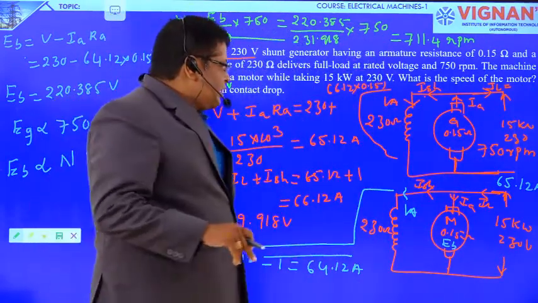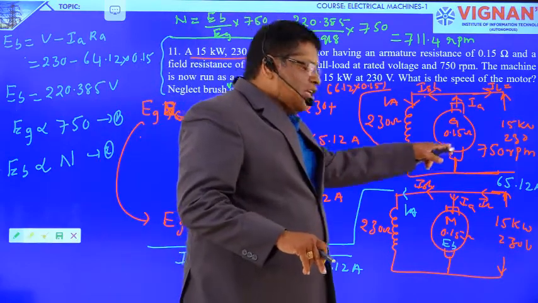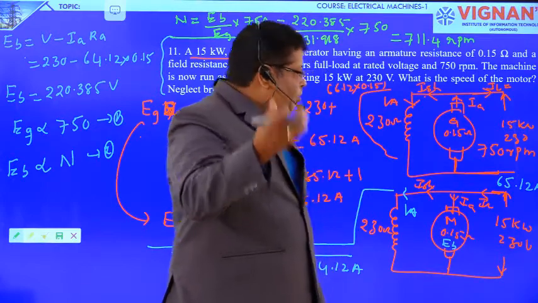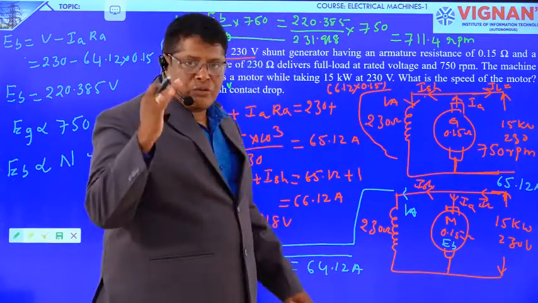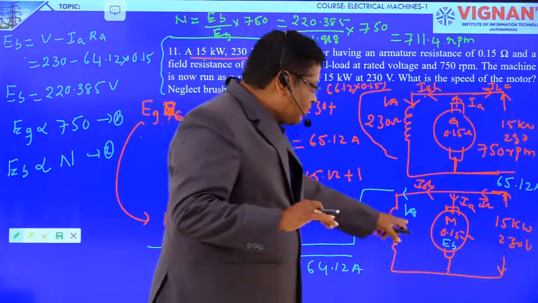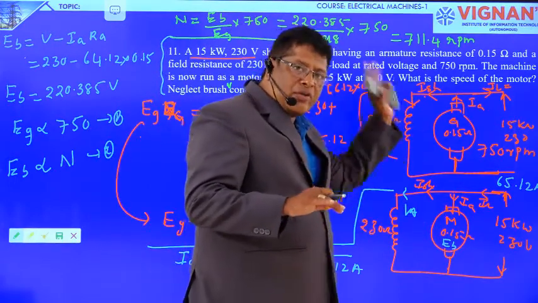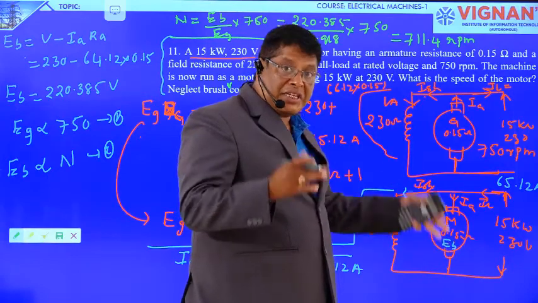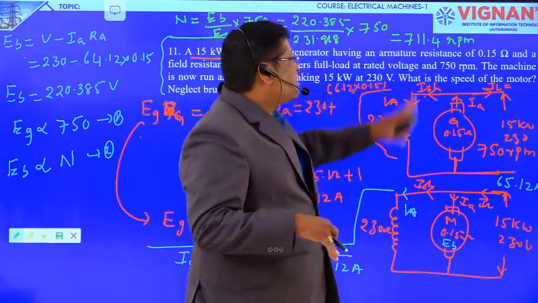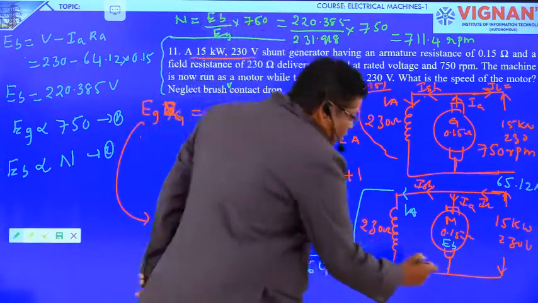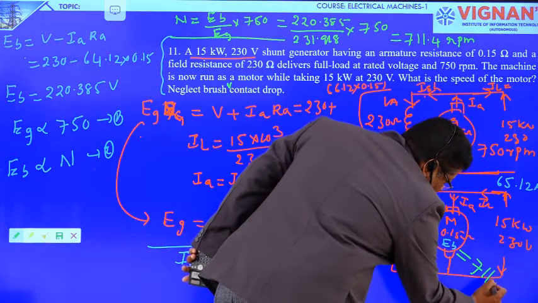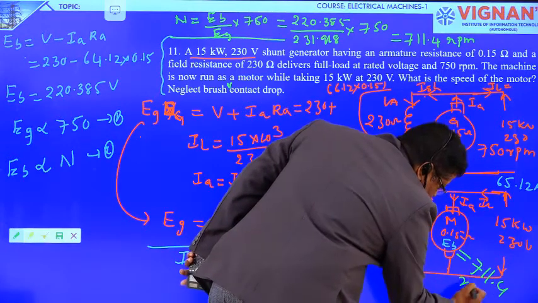As a generator, the armature will be running at 750 RPM, which is giving an output power of 15 kilowatt at 230 volts. The same machine operating as a motor takes the same amount of power, but the motor will be running at a lesser speed, that is 711.4 RPM.